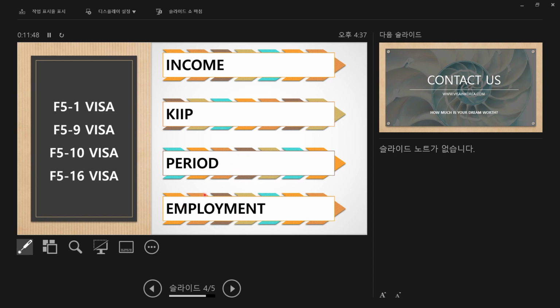So employment, I just wrote it, the employment itself, but the exact meaning of employment is your employment time. Most foreigners made a working contract, and they indicated a certain working period, right? In this case, it doesn't matter about the working contract, the period, and your position.